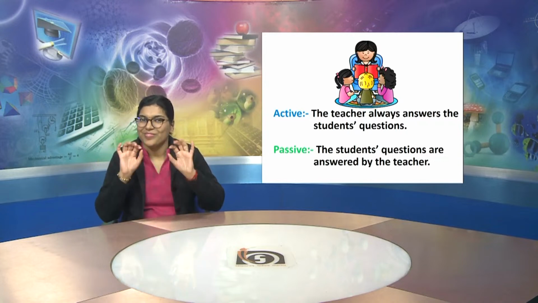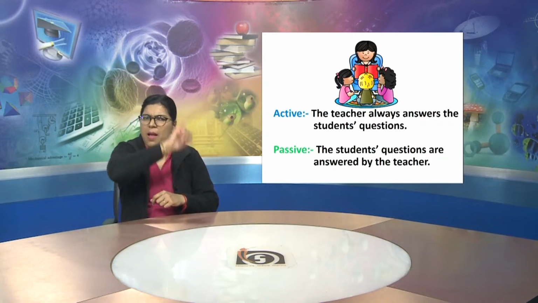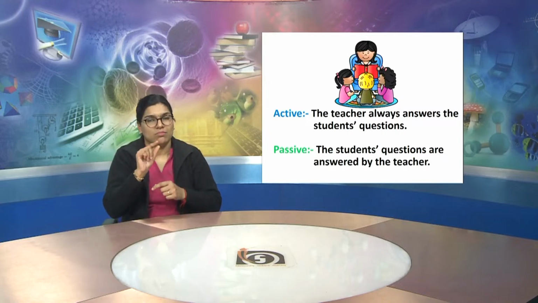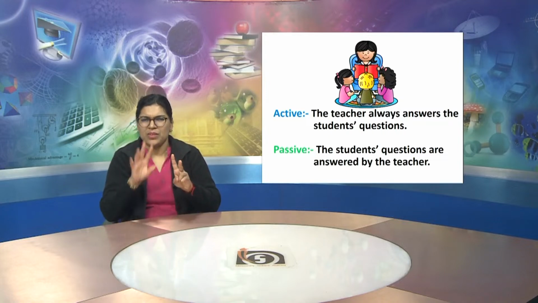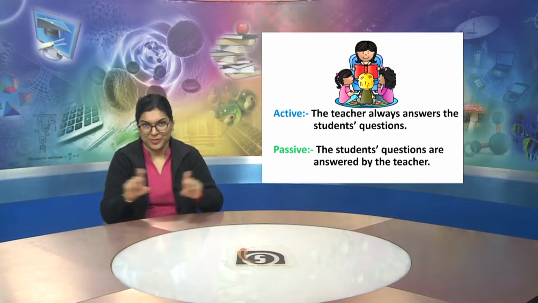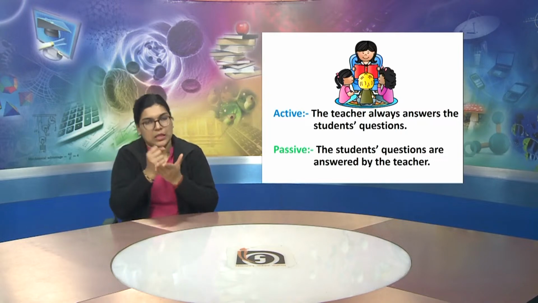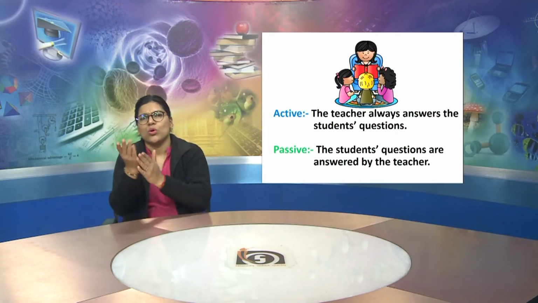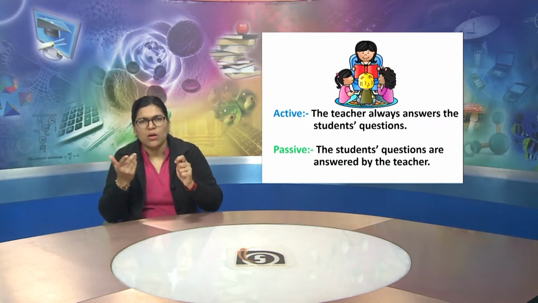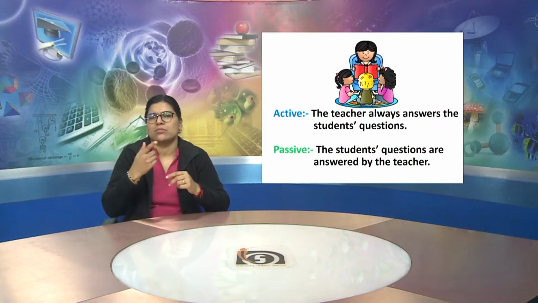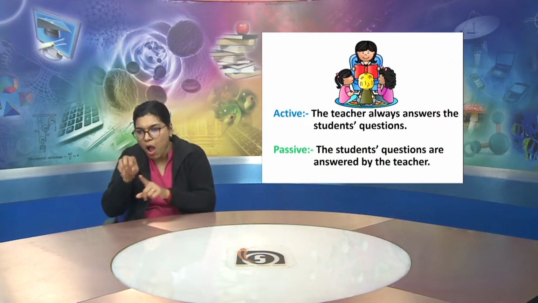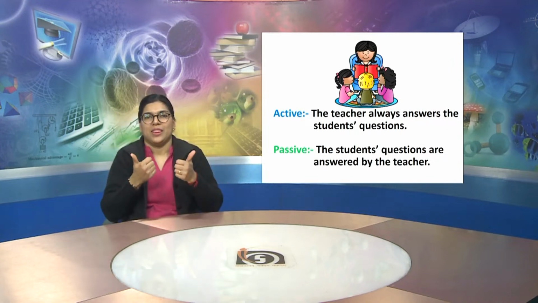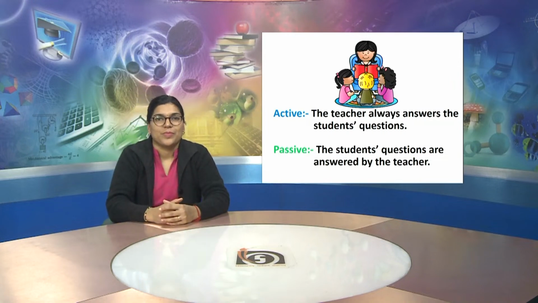The students' questions are answered by the teacher. The meaning would be same, but just the grammar part would differ. You all can practice yourself by looking at more examples in the newspaper, in different books. You can read different types of English books and you can find more examples.